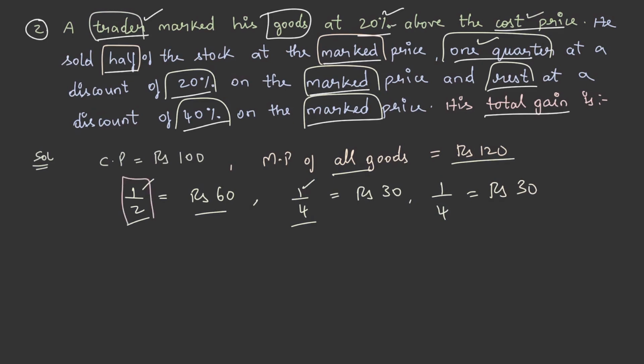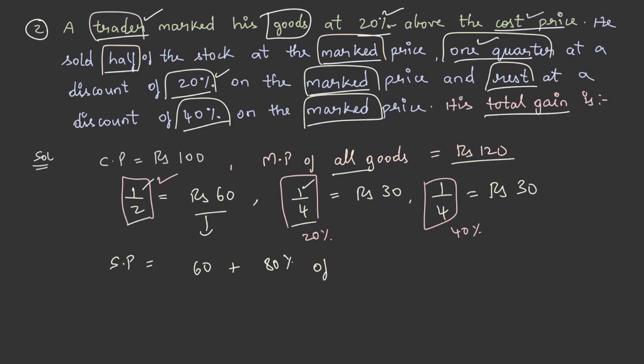Now, while selling half of the price, there is no discount involved. But when selling the first quarter, there is 20% discount. And while selling the rest, there is 40% discount. Now, let's understand the selling price. The first one is 60 plus 80% of rupees 30. Because quarter is rupees 30 and 20% is the discount, so we have taken 80.